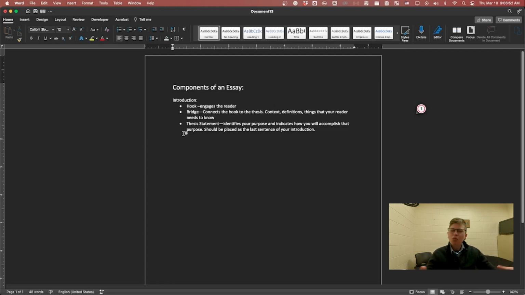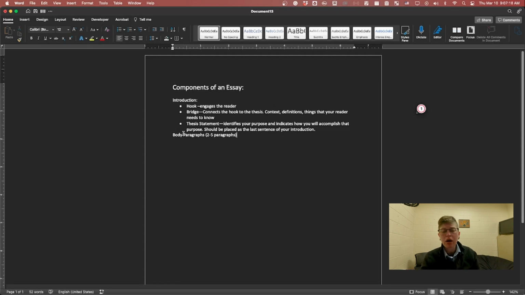All right, then we move into the body of our essay. So body paragraphs. Usually this is going to be 2 to 5 paragraphs, depending on the length of your essay, depending on your topic, depending on how you choose to write about it. Now I will say you want to make sure your body paragraphs in length are about 4 to 6 sentences at max.